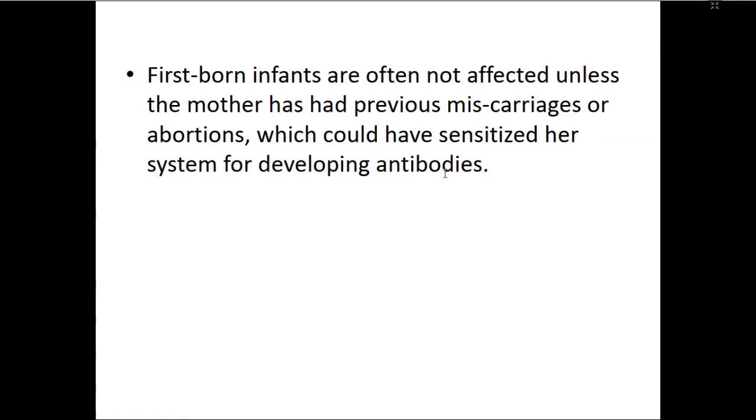IgM antibodies are too large to pass the placental barrier, so they are not significant in the destruction of the fetus's red blood cells. So the firstborn infant is totally normal with no sign of hemolytic anemia.